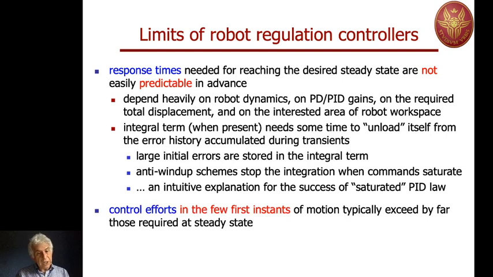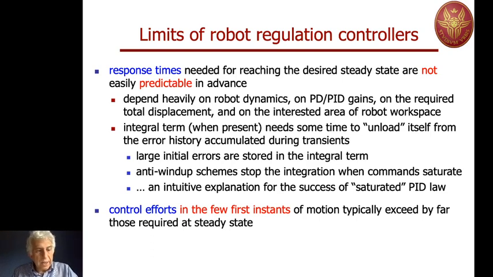The second one, which is, I would say, even more critical, is the requirement of the control effort. Because the error is typically large, and it's large right at the beginning, because when the robot is at rest somewhere, it needs to move to some other position where maybe it should pick something and then place it somewhere else. Now this initial error comes with gains that tend to be large, because we understand that larger gains mean larger action by the controller.